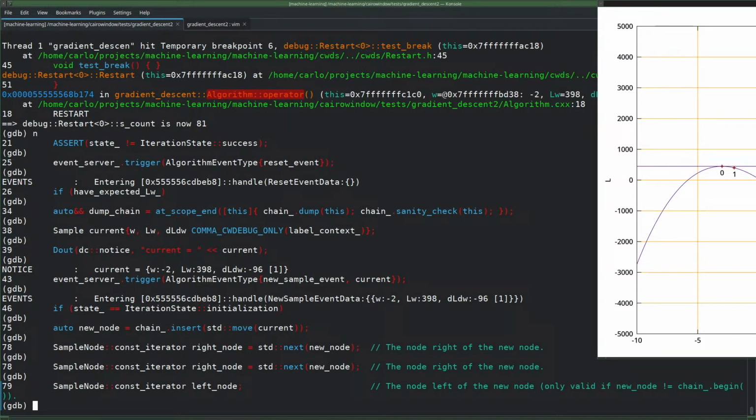No, that's another way to get the next. Just the code has it. So new node was number 1, and then the one on the right is non-existent. So this is equal to chain end.